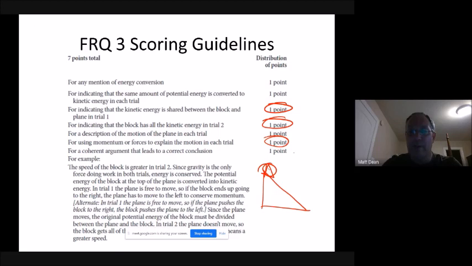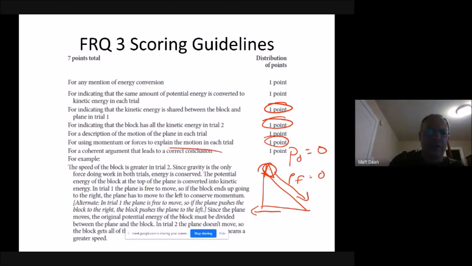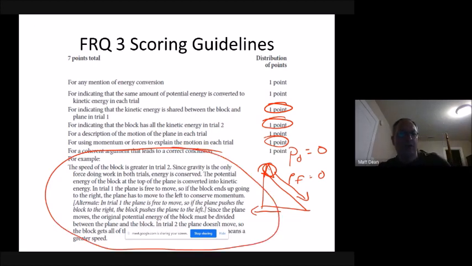The initial momentum of the system is 0. That means the final momentum of the system also has to be 0. So if the box has momentum going this way, the plane has to have momentum going the other way. So there's lots of different ways you could get to these points, but here's a good concise answer. Take a minute and read through that.